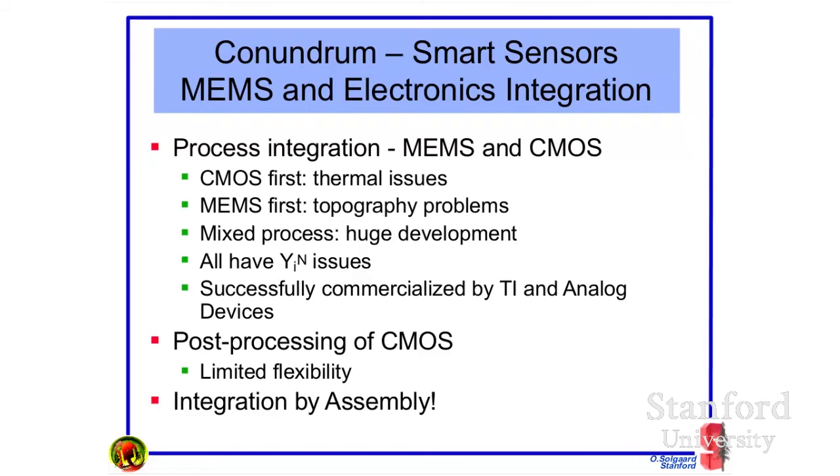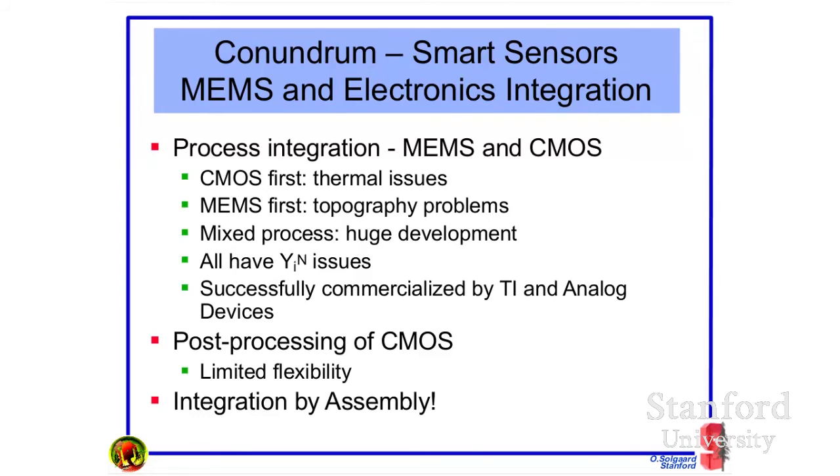There's a set of switching transistors underneath the mirrors that I showed you. Analog Devices is the company that has maybe gone the furthest in commercializing capacitive accelerometers and gyros, and they also have integrated electronics on chip, and other examples of that.